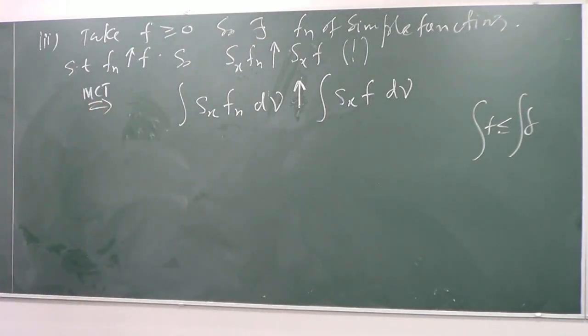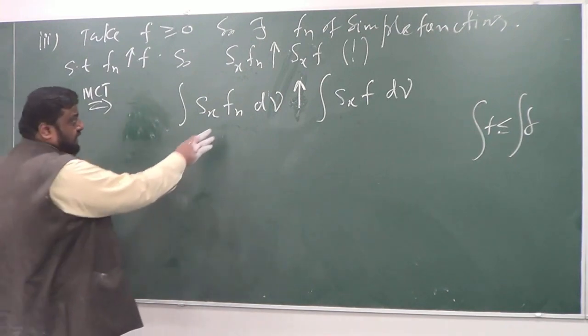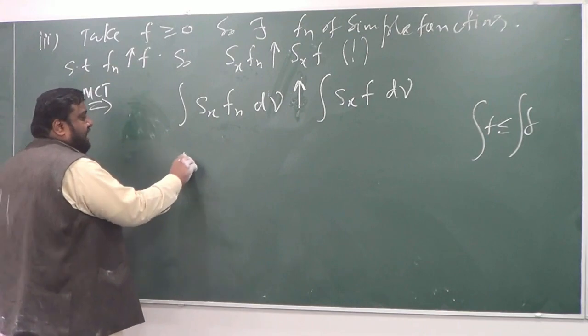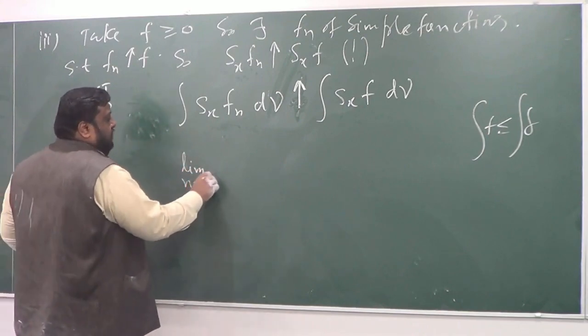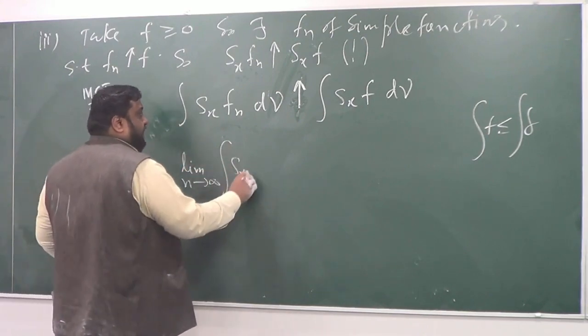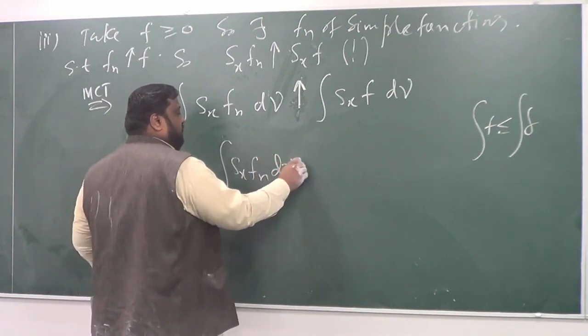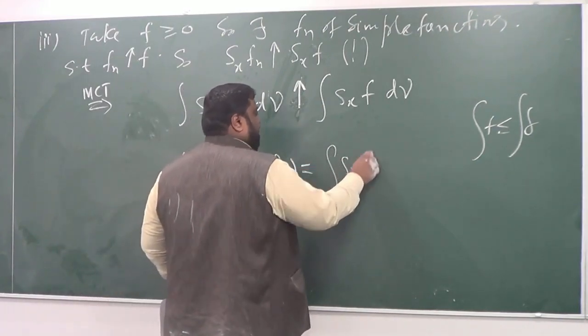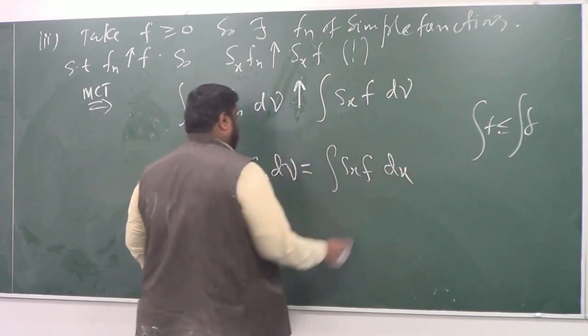So now, what can I do? Can I apply the monotone convergence theorem again? See, what does this mean? This means that the limit as n goes to infinity of the integral of Sx Fn d mu is equal to the integral of Sx f d mu, right?